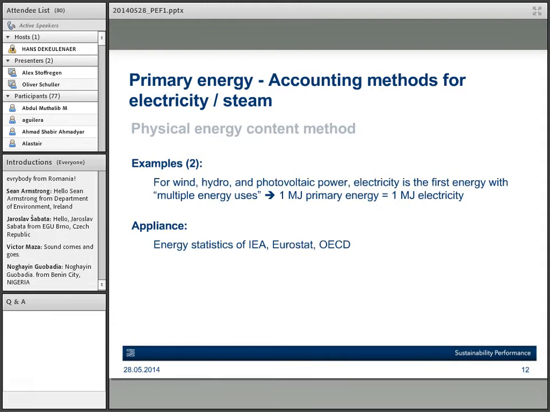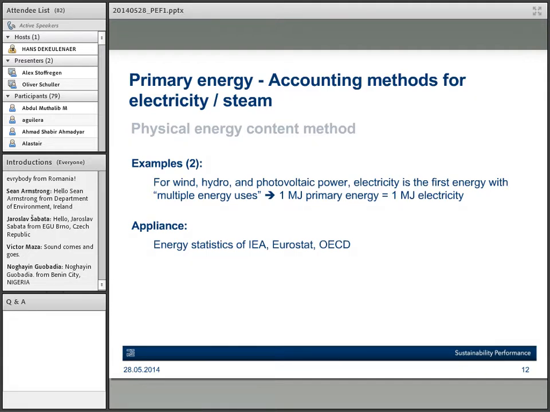Then I have a second example within the physical energy content method. It's for wind, hydro, and photovoltaic power. If you think of a wind converter, there comes wind or kinetic energy in the form of wind, and it passes my wind turbine, and then the generator produces electricity. So electricity is the first energy where I have multiple uses.